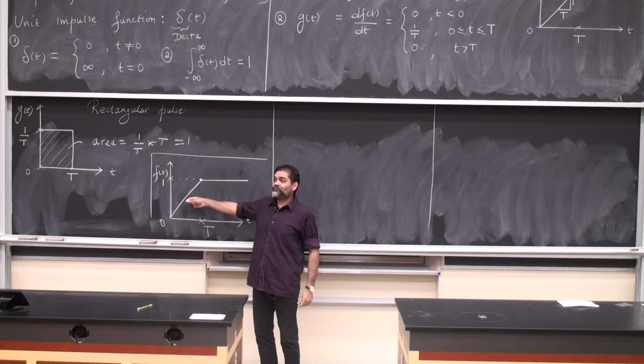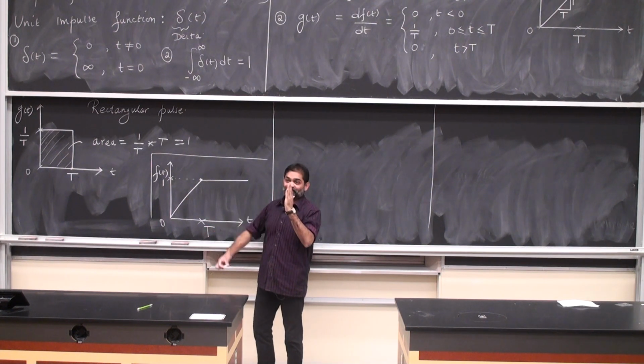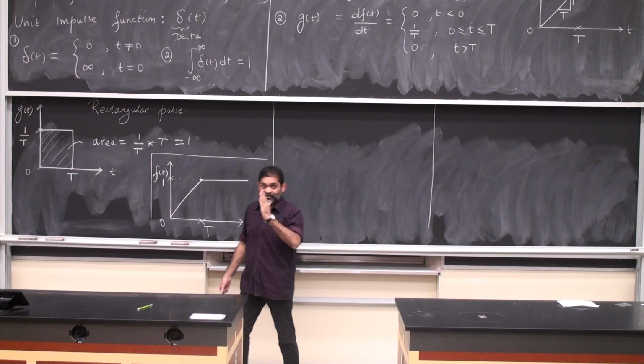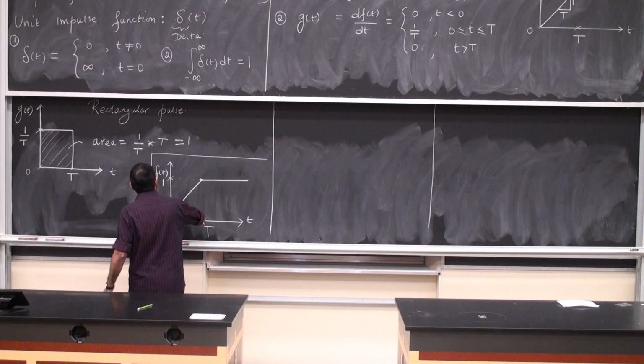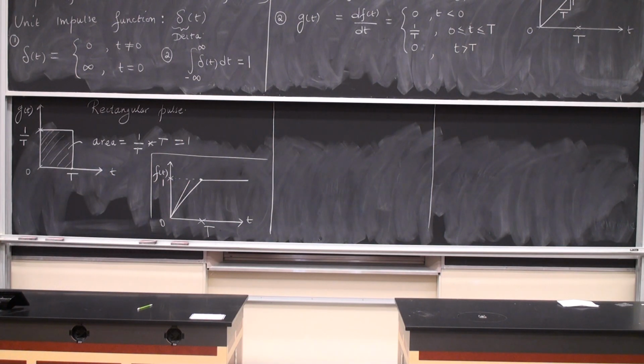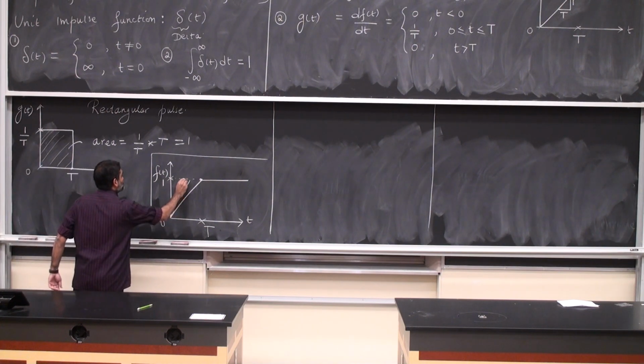It goes straight up and down, essentially. The slope of the line keeps increasing. As I reduce capital T, the slope of this line keeps increasing. You see, if T was 3 seconds and then I said, okay, make T 2 seconds, slope would be steeper.